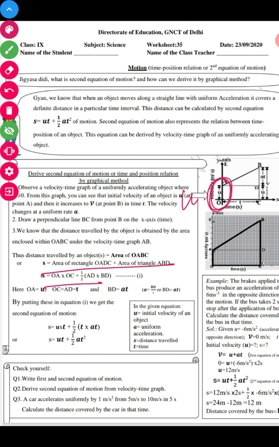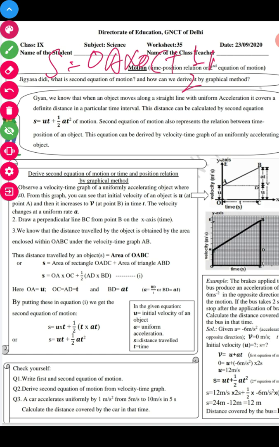OA is equal to u, OC and AD equal to t, and BD is equal to at. Just put the values of all these three in this equation. In equation 1 we have s is equal to OA into OC plus half AD into BD.